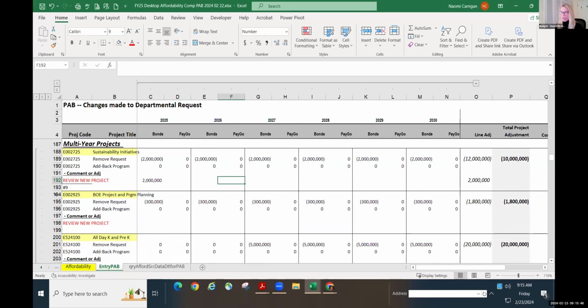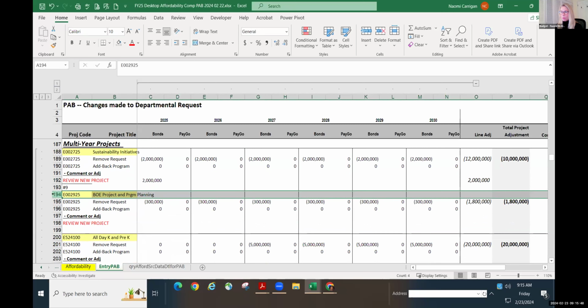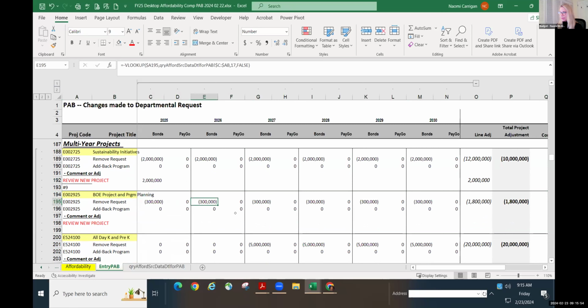The next recurring capital project that they've requested is this Board of Education project and program planning for $300,000 a year. The third one, and I made a note that this was a revolving fund project.